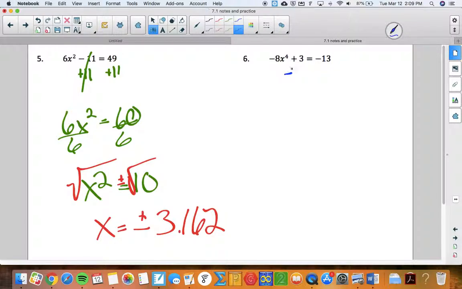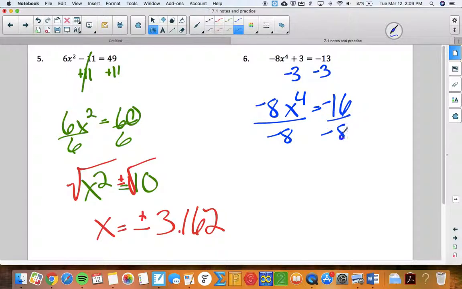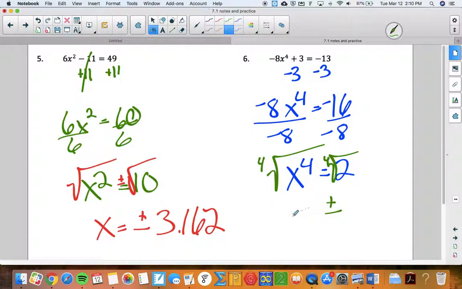Number 6, subtract 3 to undo adding 3. Undo multiplying by negative 8 by dividing by negative 8. So x to the 4th power equals 2. So to undo the 4th power, do the 4th root. It's a positive even exponent, so that gives me plus or minus whatever the 4th root of 2 is, which is 1.189.